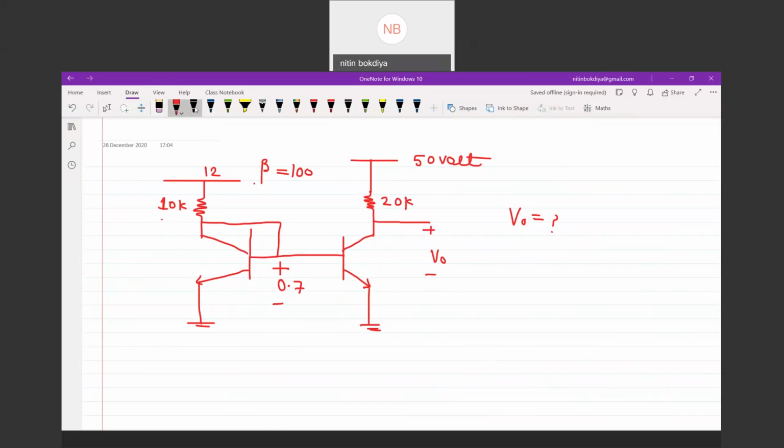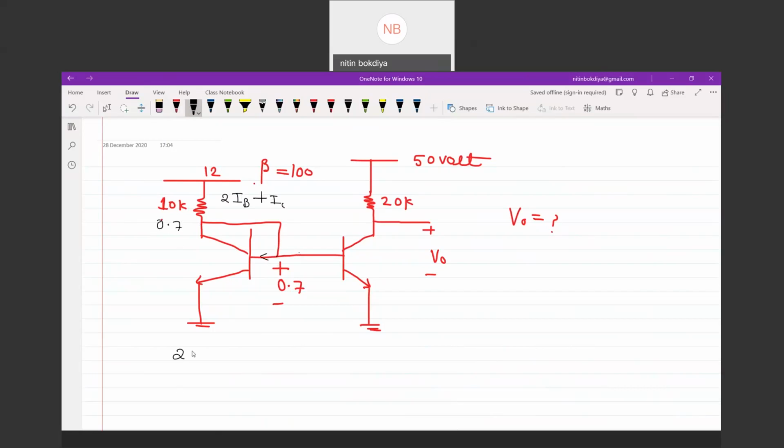You can say this current is IB. So this is 2 times of IB plus IC. If this is 0, this is 0.7 और शॉर्ट सर्किट की वजह से ये 0.7.